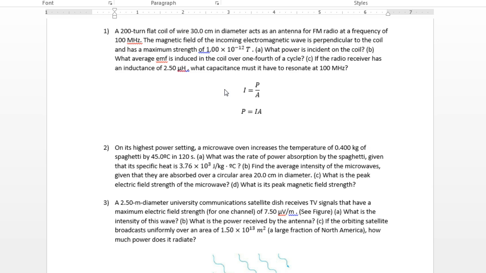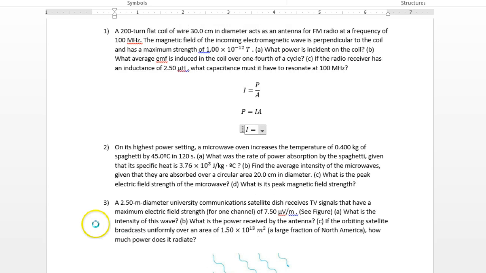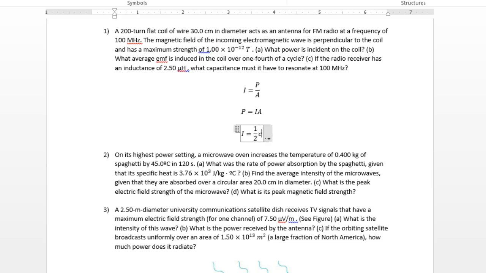Well, we also have that the intensity is, from our equation sheet, 1/2 C B squared over mu naught, right?